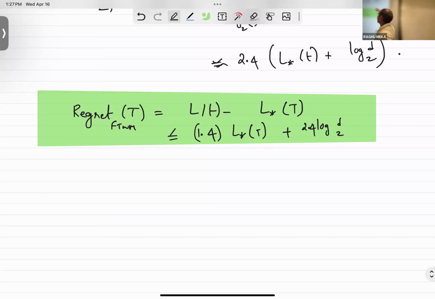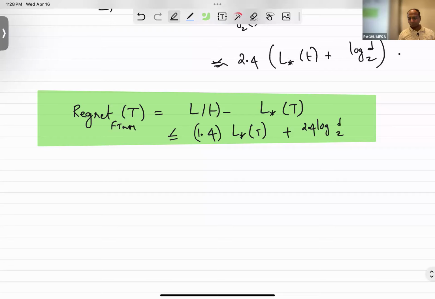So I'm subtracting L star, so it's 1.4 plus 2, right? And as I said, this is pretty good, but not exceptionally good, because we really want to close the additive gap to the best x.